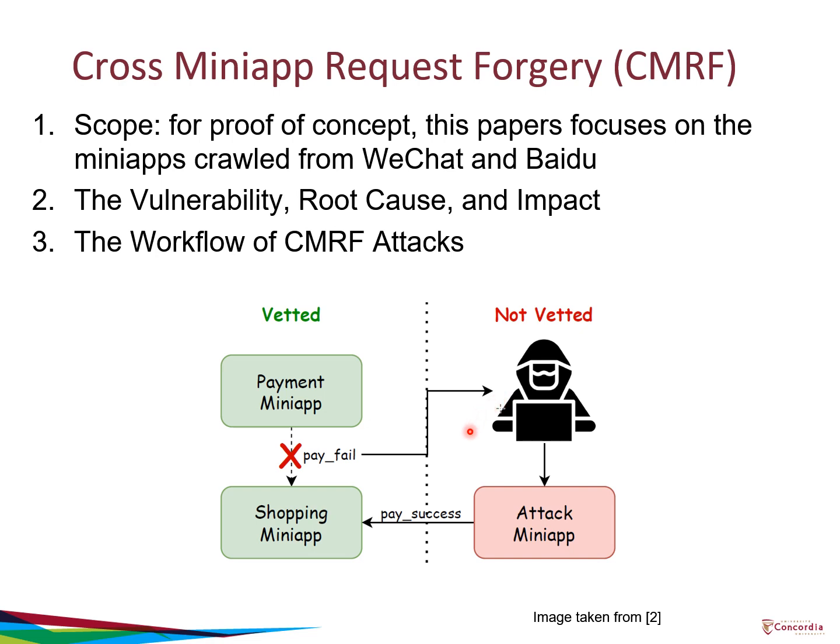To launch such an attack, the attacker can first statically analyze the format of the request by reverse engineering the victim Miniapps, then forge a request with a malicious payload with the same format, and finally inject the forged request to the victim to trick it into believing that the request is from a trusted sender and consequently perform a privileged operation.